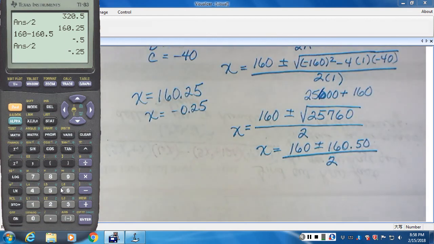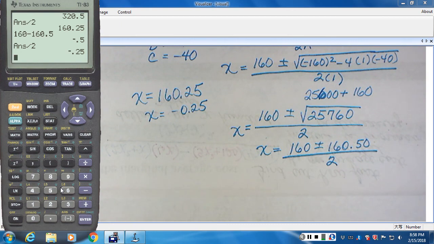Well, you don't have negative production. But you remember at the beginning I said that we didn't really need to worry about if X was equal to 0. Well, if you're rounding negative 0.25 to whole units, how many units is that? None. So that answer makes no sense. It's not useful. But the other answer is 160.25. Well, you can't make 160.25 units either.